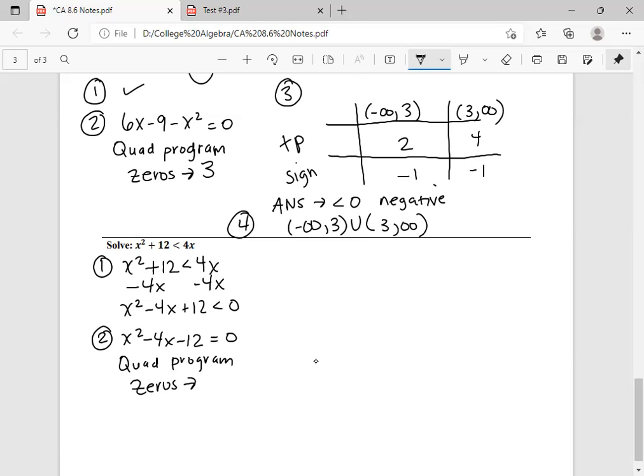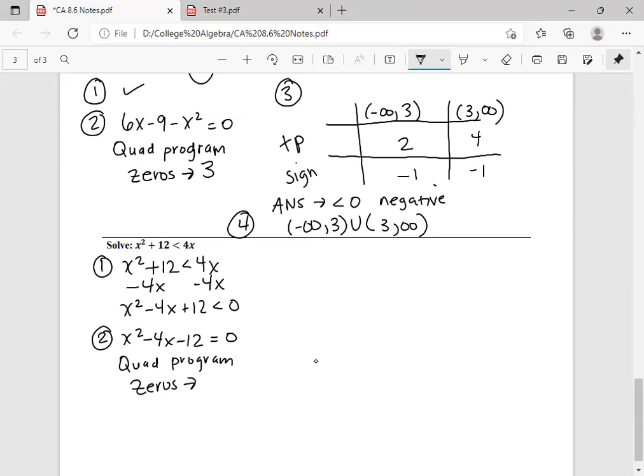Yeah, it could be a positive or negative square root. That's irrational. Yes, it absolutely could. You're absolutely right. So it doesn't come out pretty anyway. I mean, you could use the quadratic formula to figure those things out.